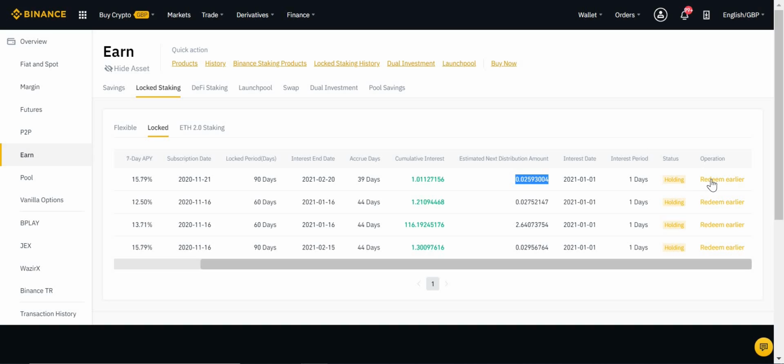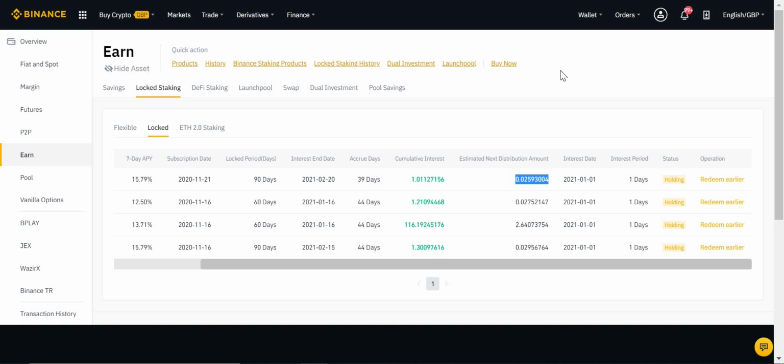And then it says here I can redeem earlier. So what this means is that, say for example you're holding your Carver and then there's some crazy information that takes place in the cryptoverse, and Jeff Bezos says he's buying 1 billion Carver, and all of a sudden the price of Carver goes 100x, and you say I need to get out of this position, I need to sell my Carver and lock in some profits.